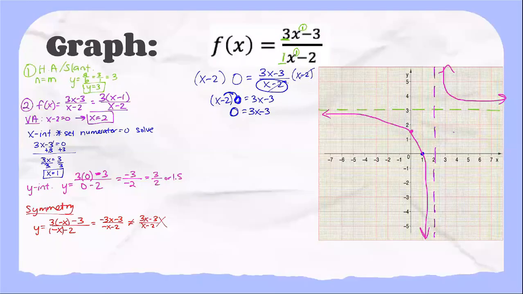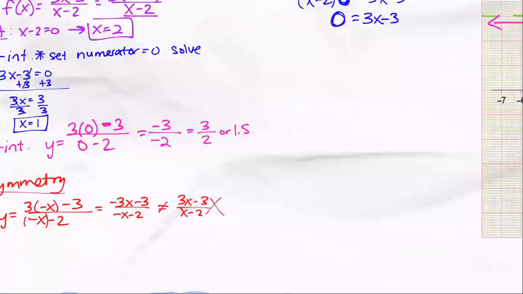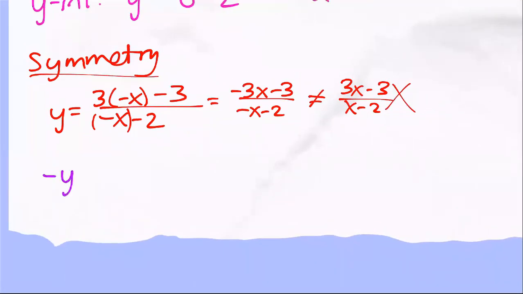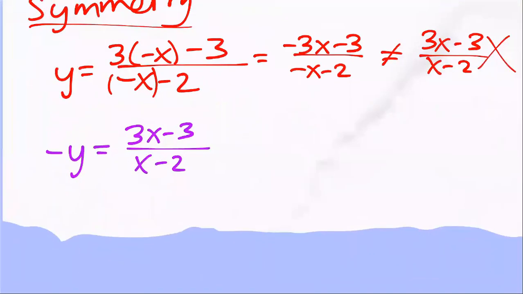To test for symmetry across the x-axis, I would plug in negative y, everything else would stay the same, and I see if it's an equivalent expression. Well, if I'm solving, I would divide by -1 or multiply by -1, same thing.